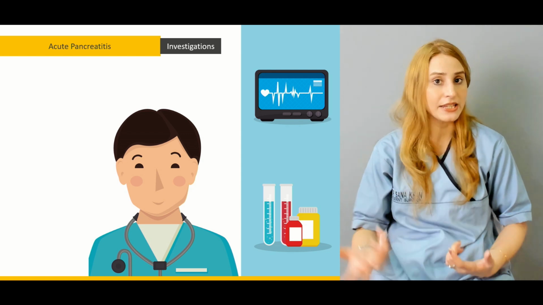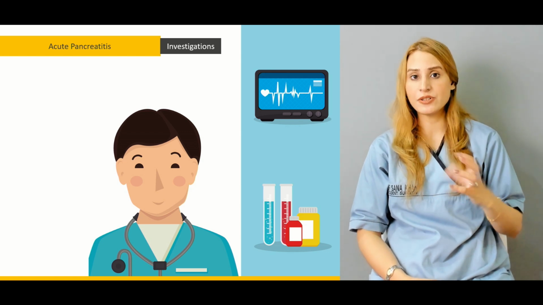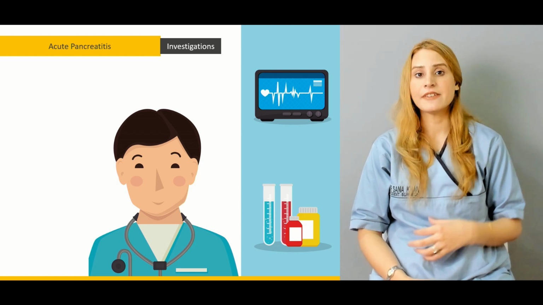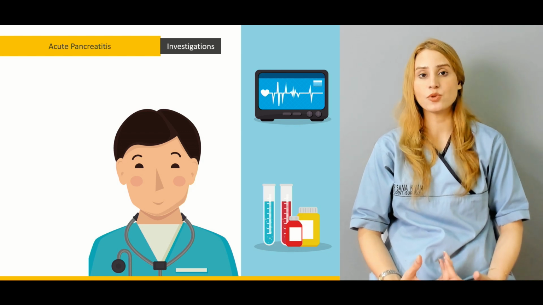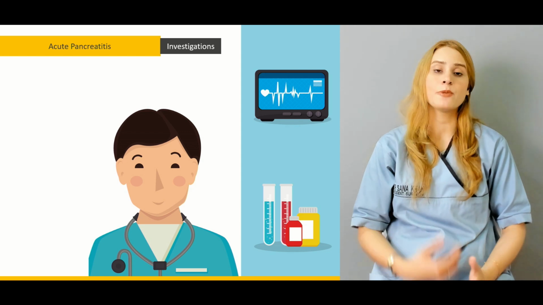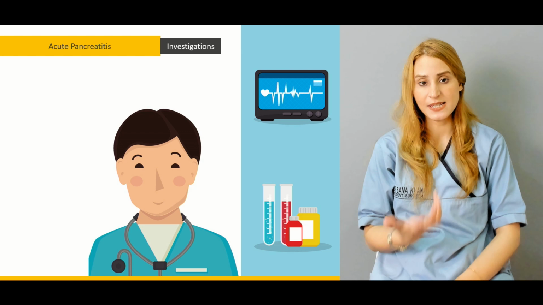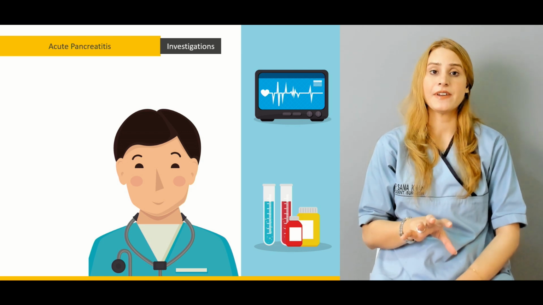ALT and ALP can be deranged, because if there's damage to the CBD, with a presentation of obstructive jaundice and a spillage of a stone into the CBD, the patient will obviously complain of obstructive jaundice symptoms. So these investigations are very important.